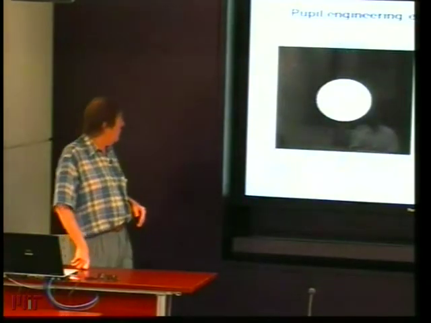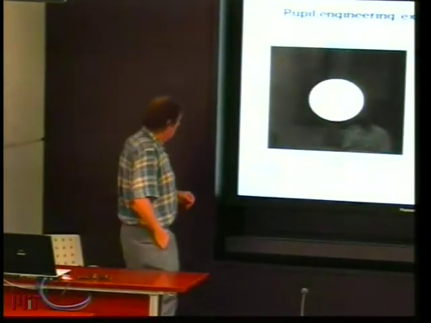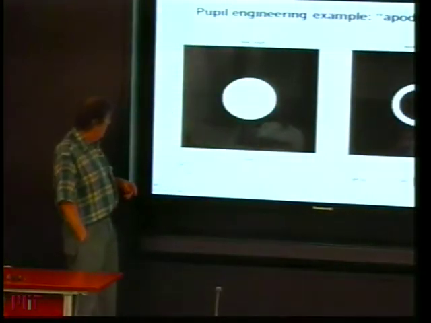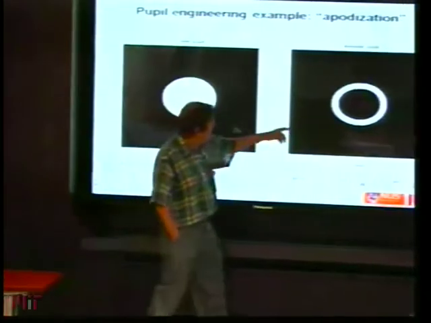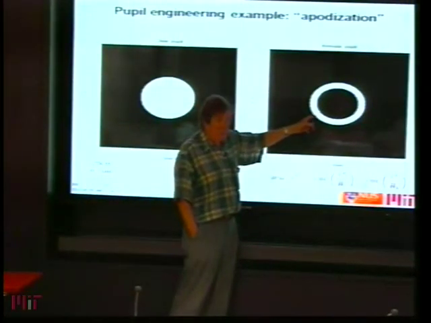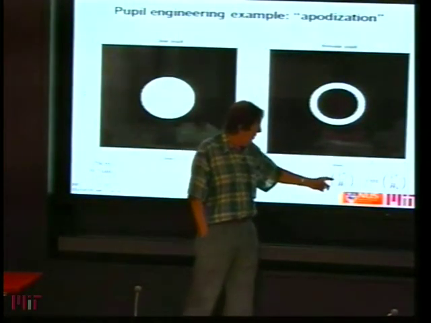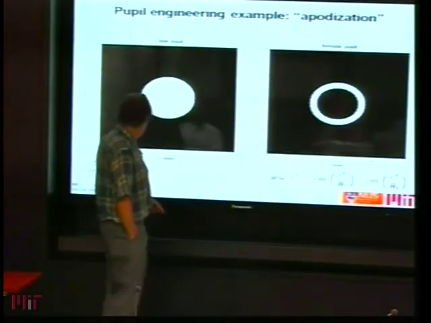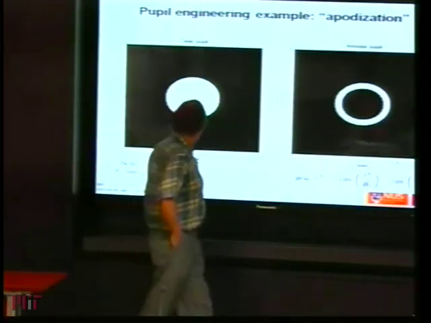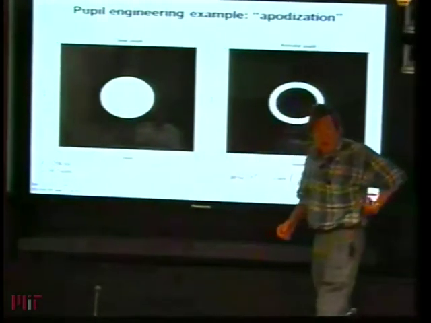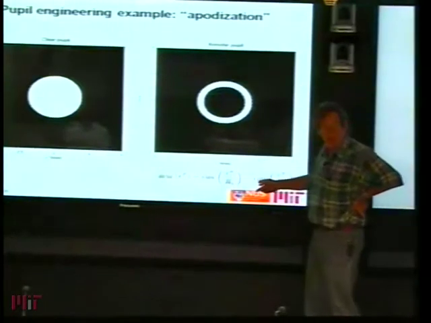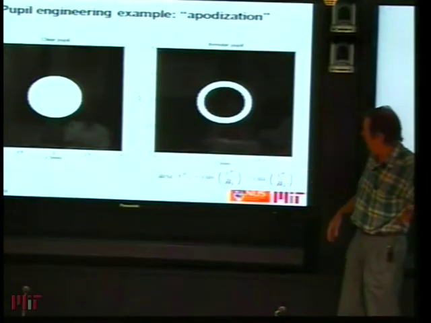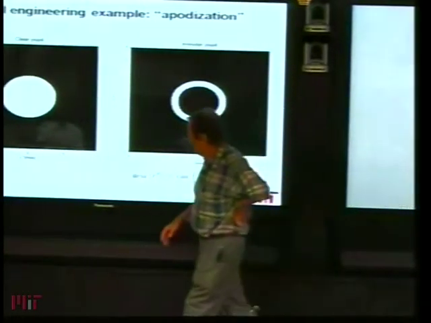But anyway, this shows one example. This shows a circular pupil, and then this one is an annular pupil, which you can model as being one circular function minus another one. And of course, once you write it in that simple way, as the difference between two circ functions, you can do the Fourier transform of that very easily and get the point spread function of these two cases very easily.